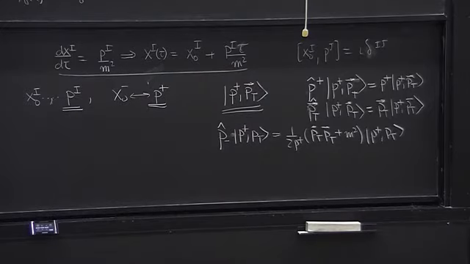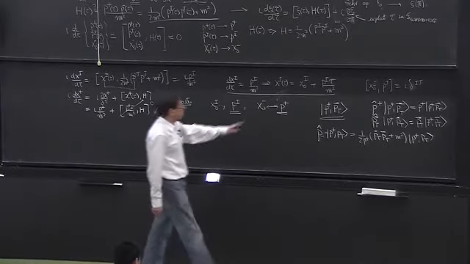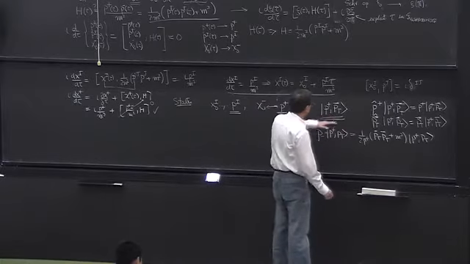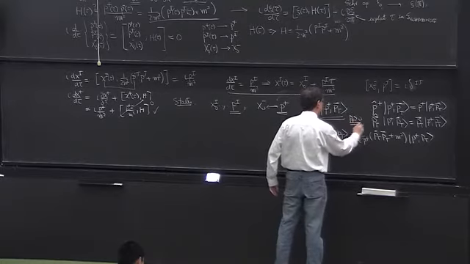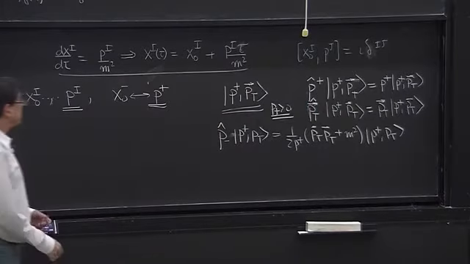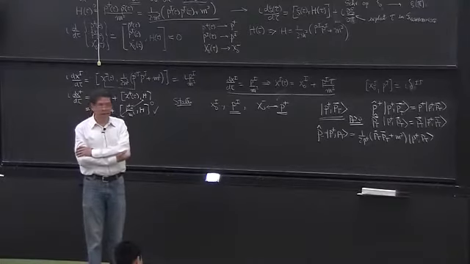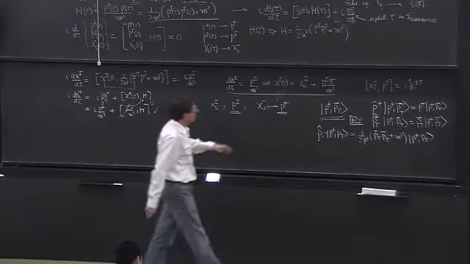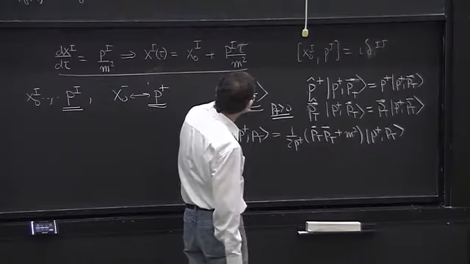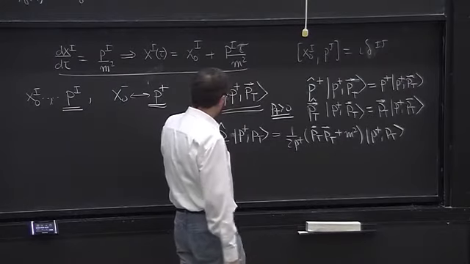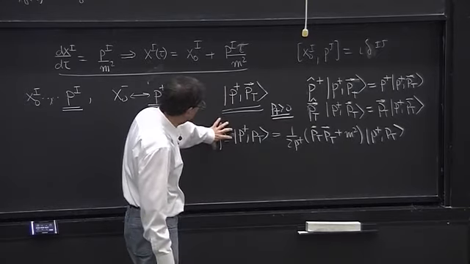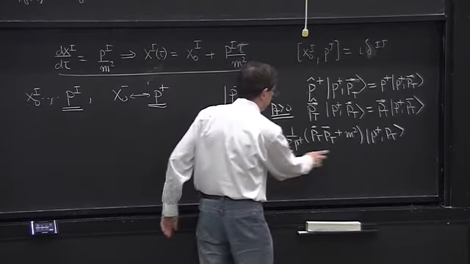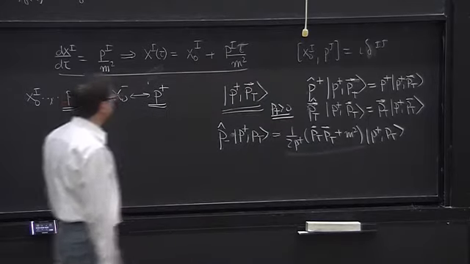So we want to declare these states to be the physical states of our theory. Given the remarks we had before, we consider these states with P plus positive. And these states are particle states. They're the states of a particle with momentum P plus and P transverse, and they're also eigenstates of P minus, with the eigenvalue being the light-cone energy.